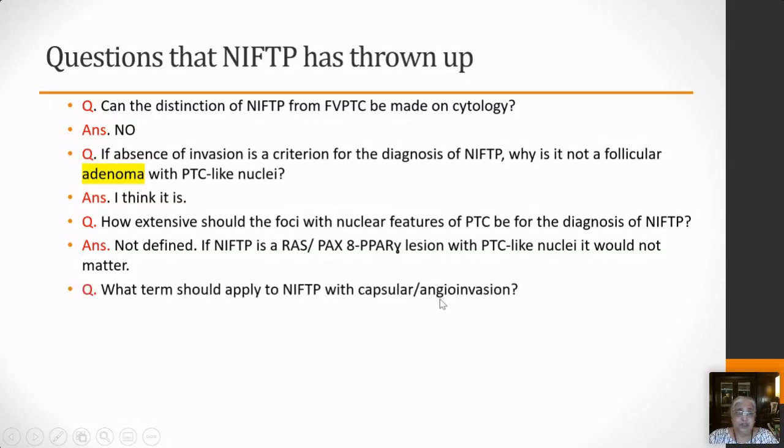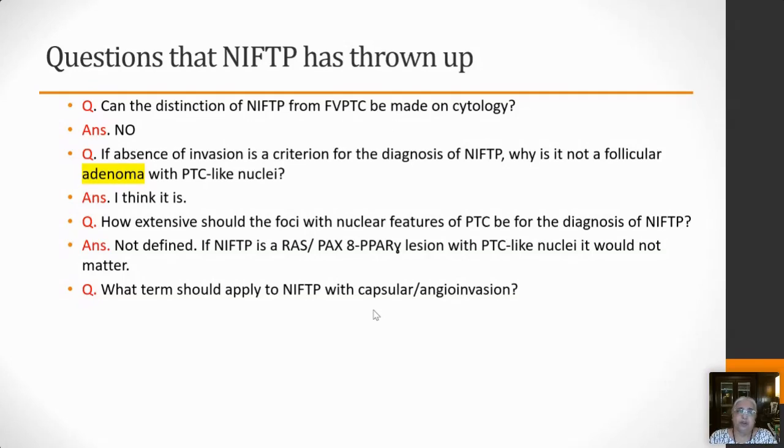The next question is, what term should apply to NIFTP when it shows capsular or angioinvasion? It's all very well to say that NIFTP is a lesion with an intact capsule which is not invaded.